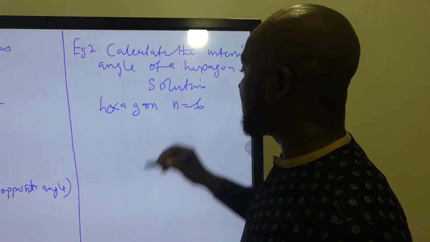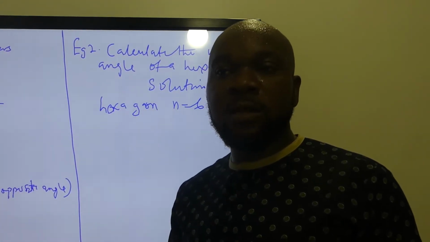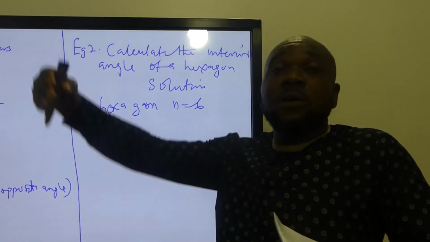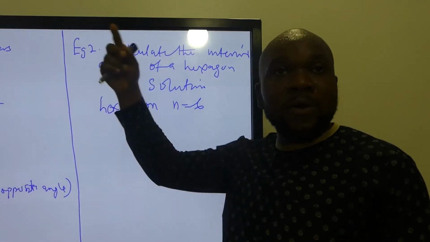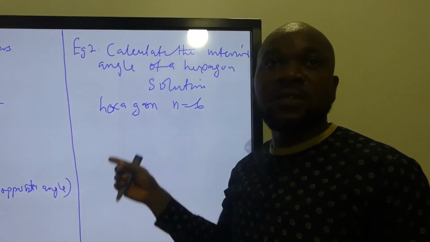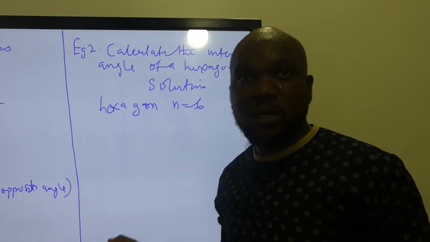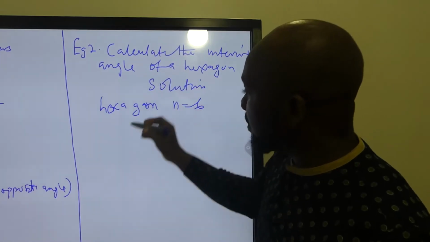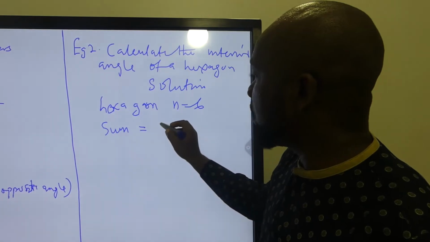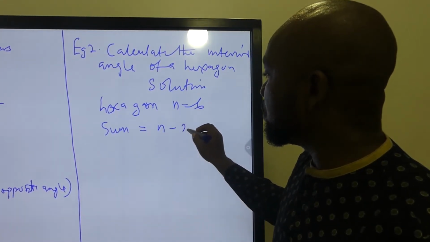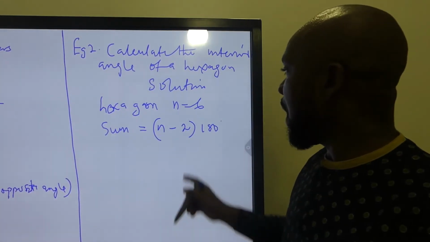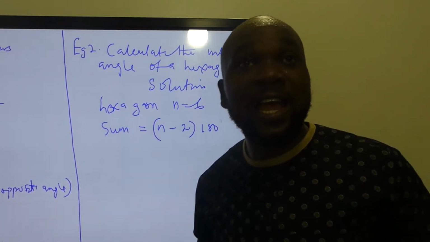N is equal to 6. And remember the formula I gave to you. I told you that the sum of the interior angles of a polygon is equal to (n minus 2) times 180 degrees. What is our n? Our n is 6, because it is a hexagon.